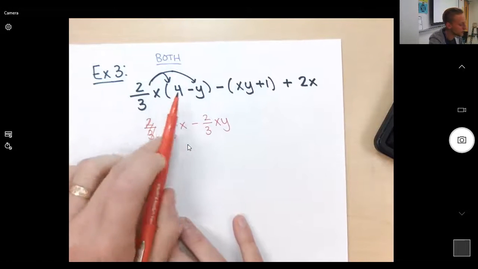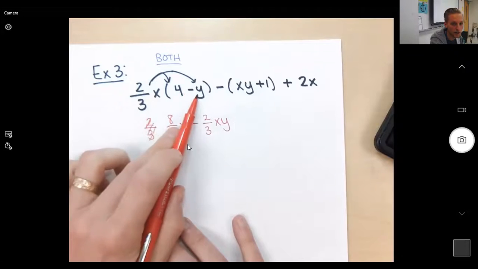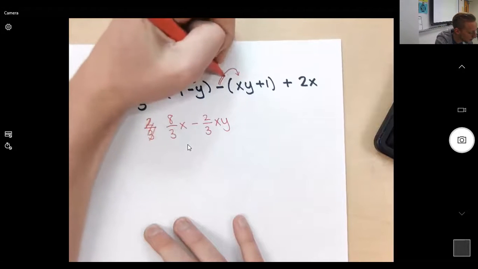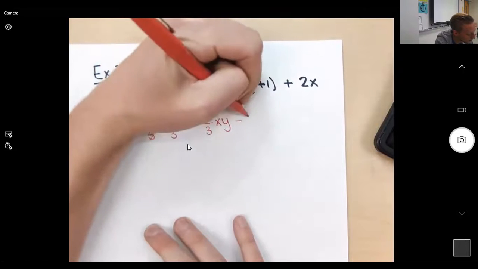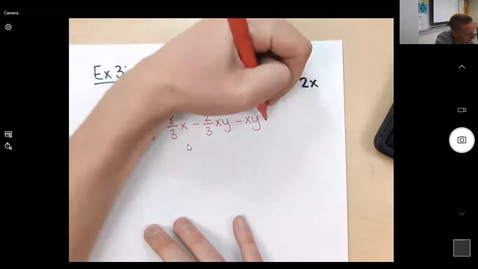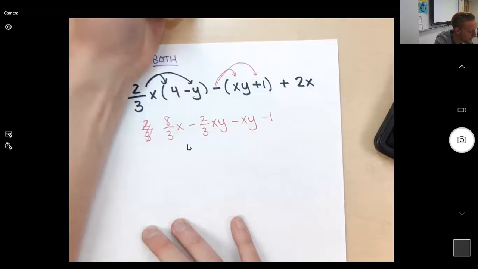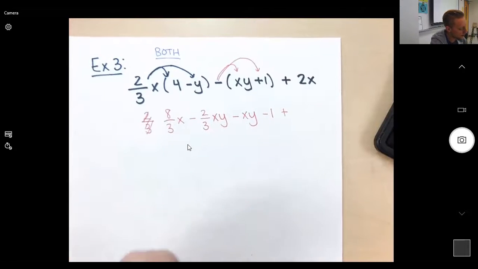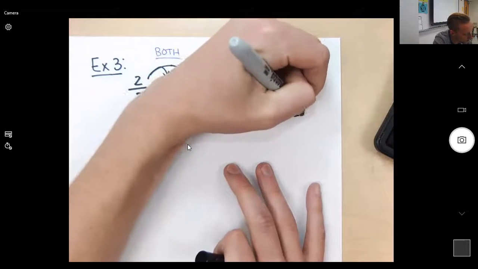So I just did 2/3 times negative 1, and then x times y is just xy. I will also have to distribute the negative here. So this becomes negative xy minus 1. And then we have the plus 2x, which didn't have any distribution involved there.